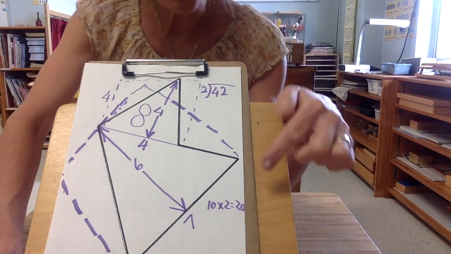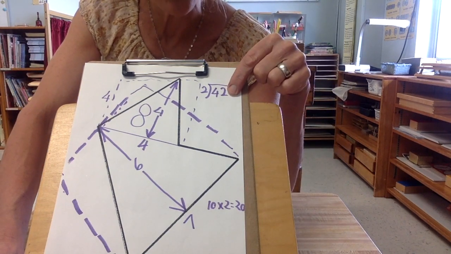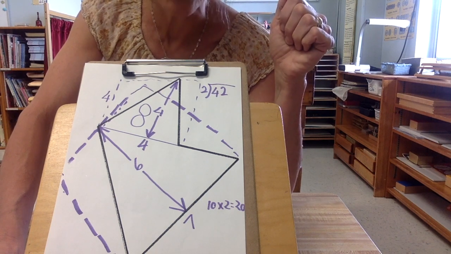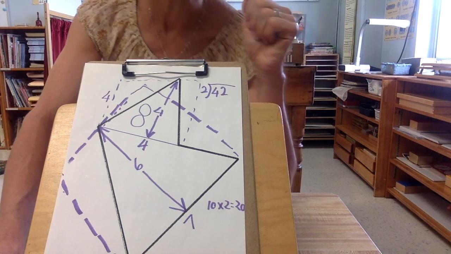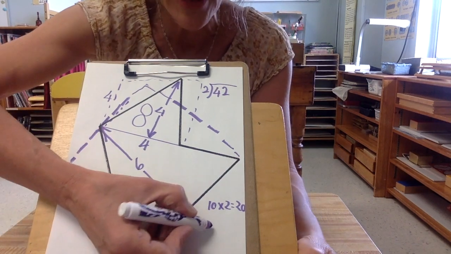In fact, who thinks 20 would fit more than once into this dividend? I hope you all said it will. It'll fit more than once, won't it? It's going to fit twice, probably. Just a good guess. So let's see what that would make.